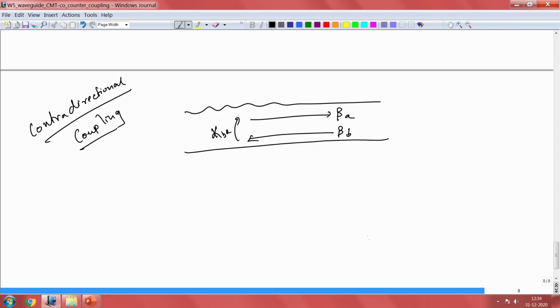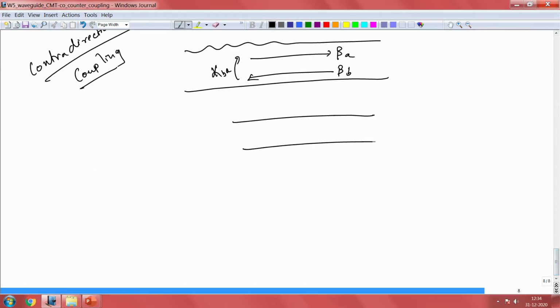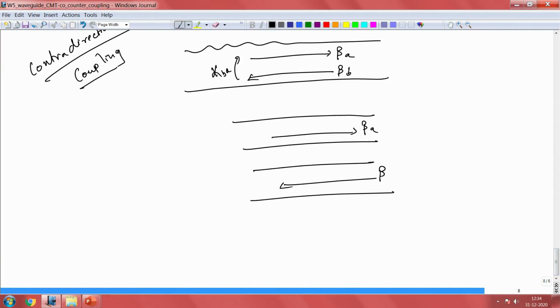Similarly, if you take a two waveguide system, here we have beta A and here we have beta B. So, now the question is how much is your kappa B A and how much is your kappa A B. So, you have all these perturbations in this system in order to do this coupling.